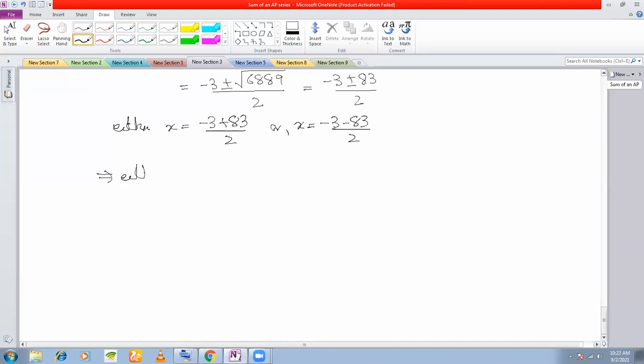Means either x is equal to 80 divided by 2, or x is equal to minus 86 divided by 2. Means either x is equal to 40 or x is equal to minus 43. So you're getting two answers. That is either x is equal to 40 or x is equal to minus 43.